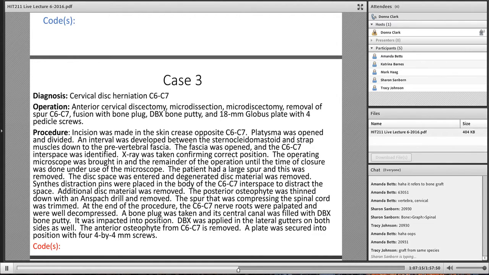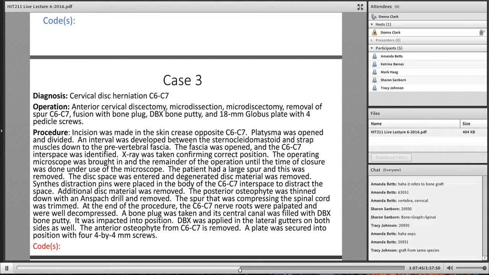Graft from the same species, right? So they're using an allograft, and in our case, the bone plug was taken and its central canal was filled with DBX bone putty and was impacted into position.